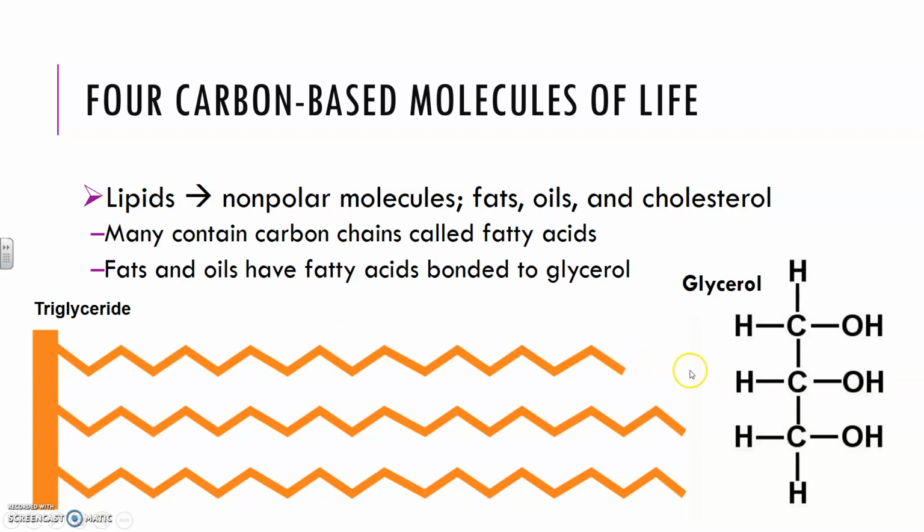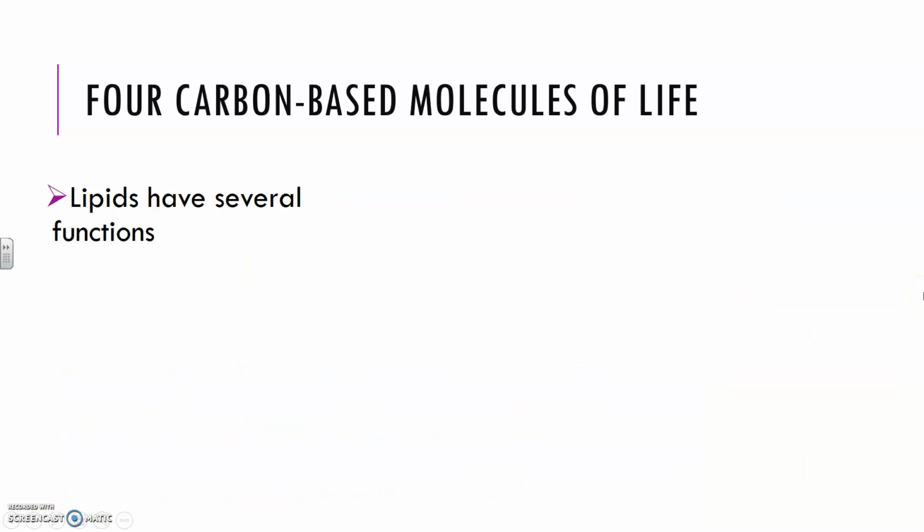The fatty acids don't necessarily have to be the same length as all of the ones bonded together. They don't have to basically go in the same direction. In fact, they usually don't. And then you can actually toss in some double bonds in there too, which causes some weird stuff to happen with these lipids.